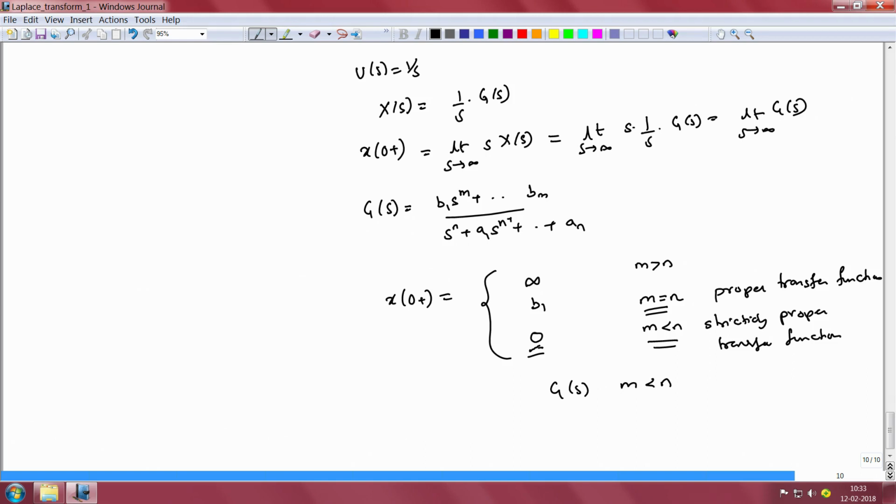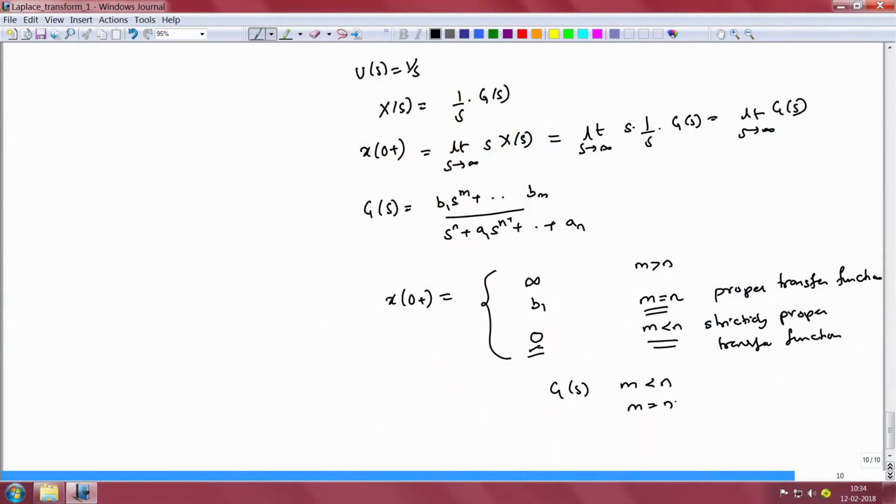However, as I said, in the course of analysis sometimes we can get away by approximating the transfer function to be one where m is equal to n, or in other words a proper transfer function, but this is only an approximation of the physical system which might be valid for the frequency range within which the system operates.